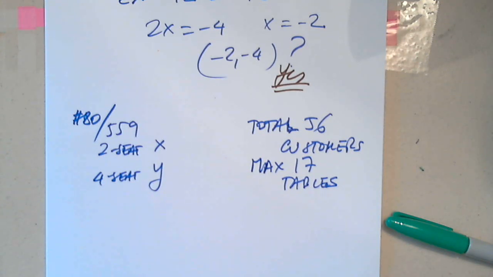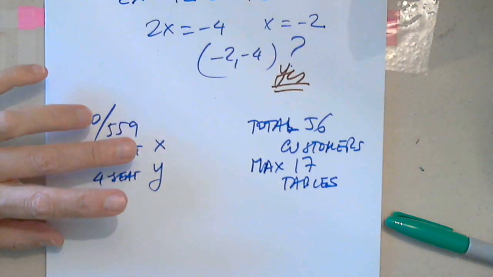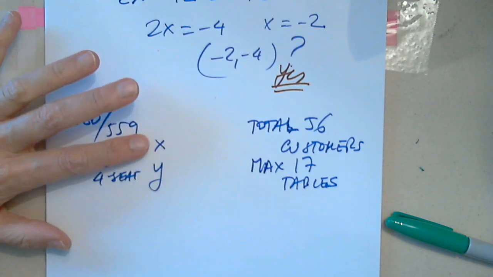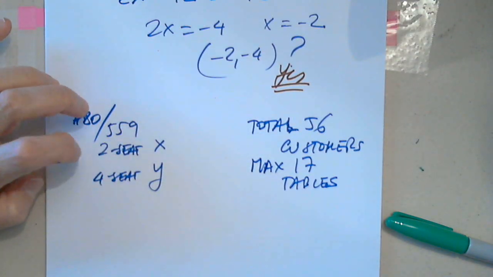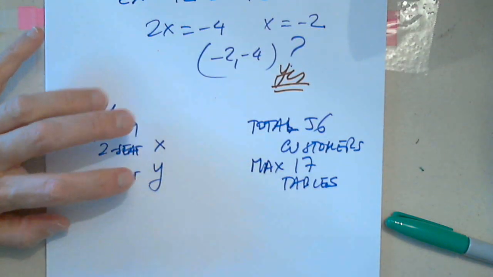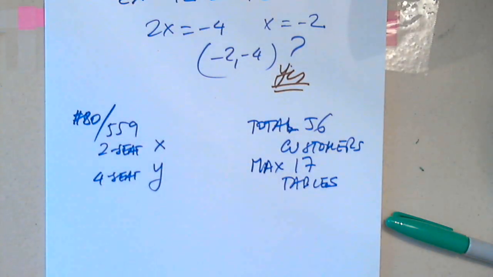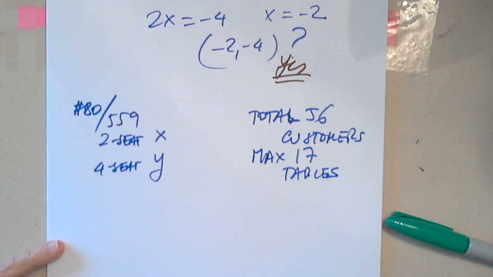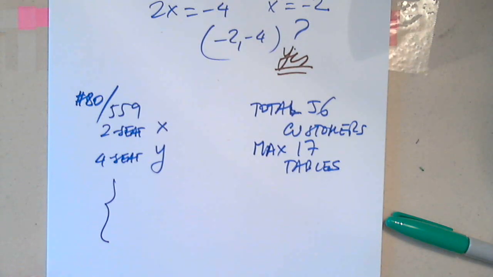And the answer is 2 variables. X is the number of tables that have 2 seats, and Y is the number of tables that have 4 seats. Therefore, we have to come up with a system of 2 equations. Can anyone give us any of the 2 equations?